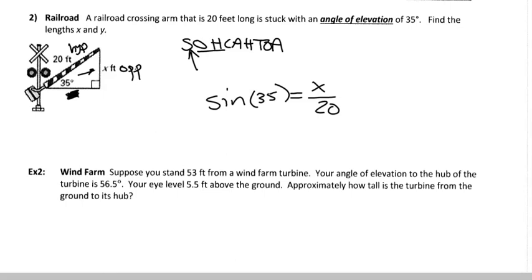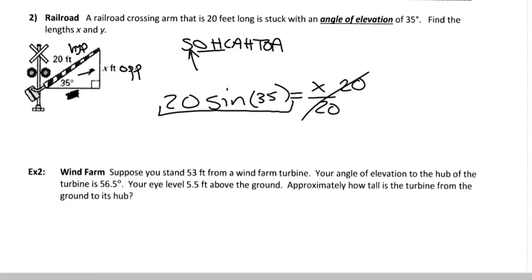Remember I told you the trick is just multiply by whatever's in the denominator. So multiply by 20 and multiply by 20, and this turns out to just be a one-step equation. We can solve that. Make sure your calculator is in degree mode. Let me check if my calculator is in degree mode.